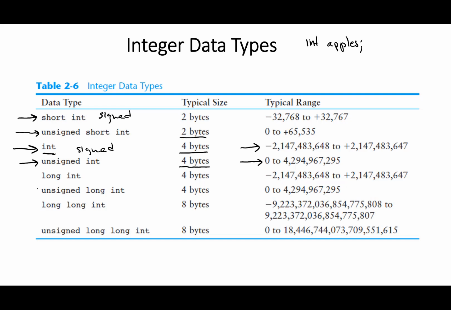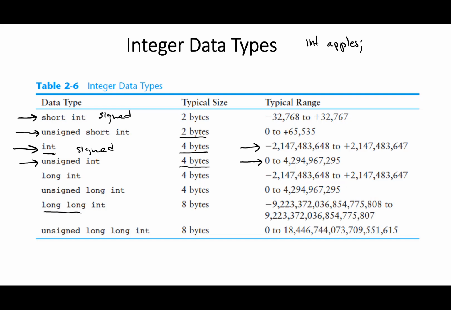Then we have some long ints. This long int is 4 bytes, and this is typical again, so with some compilers the long int might be 8 bytes or something longer than this.